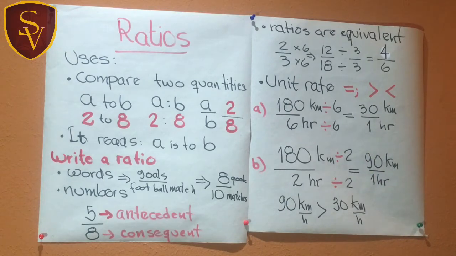Now I can tell the difference, because based on the unit rate, I can see that car B is faster than car A, because 90 kilometers in 1 hour is bigger than 30 kilometers in 1 hour. That's the usefulness of having a ratio, and also a unit ratio.